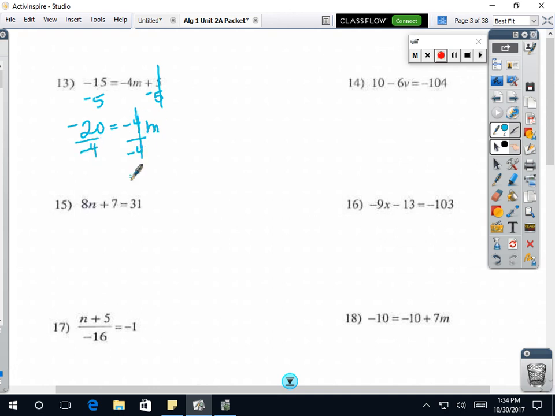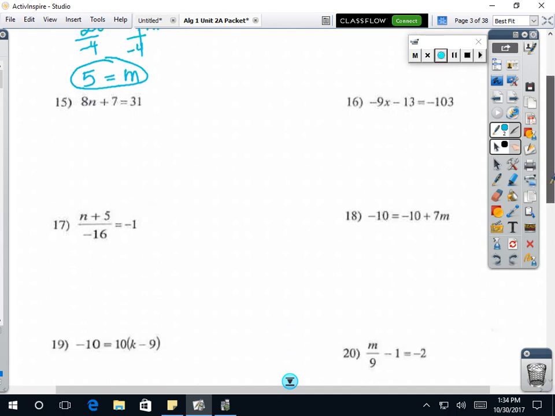And so m equals negative 20 divided by negative 4, which is positive 5, because a negative divided by negative is a positive. Okay, and then you check it by plugging 5 in the place of m. Negative 4 times 5 is negative 20, and negative 20 plus 5 equals negative 15.